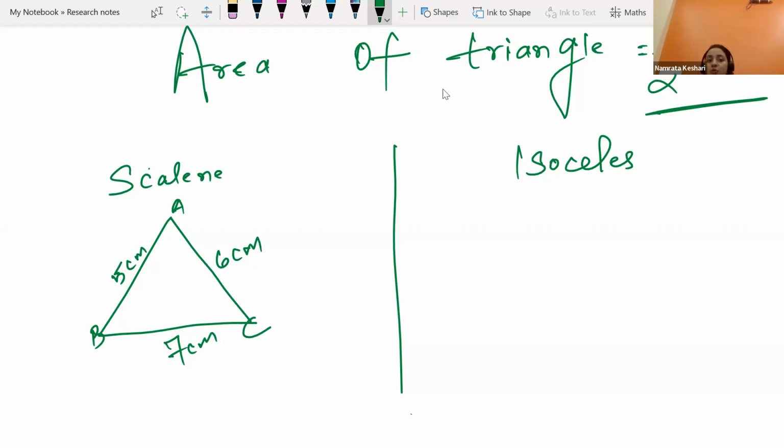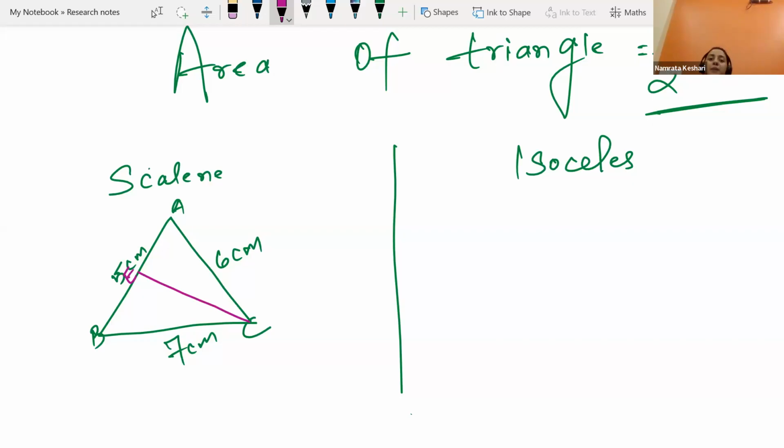Now we are talking about the base, so you should be clear which one is called a base. If you drop a perpendicular like this, AD, then BC will become the base. If you are taking AD as a height, BC is the base. If you are taking CE as a height, then AB is the base. Base means the side on which you are dropping the perpendicular. Base doesn't mean that it has to be horizontal only.